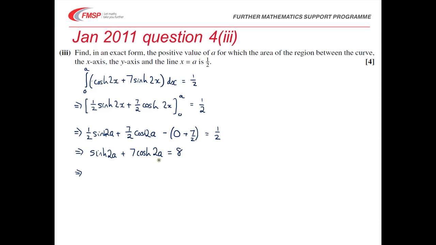So this is the same equation we had before. I get A equals a half log a half, or A equals a half log 3 over 2. That would be a negative number, and we're asked for a positive one. So I get A equals a half log 3 over 2.